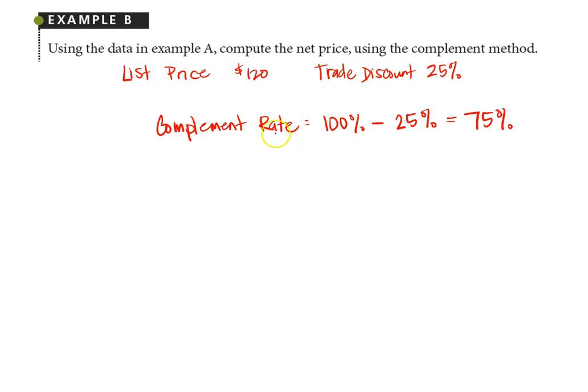Now that I have my complement rate, I'm just going to multiply that by my list price. My list price times my complement rate is my net price.